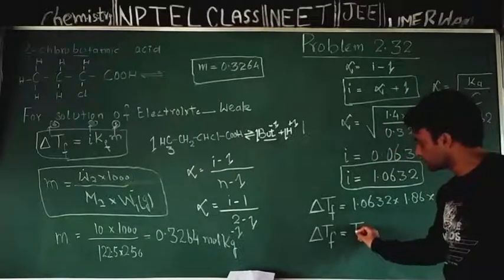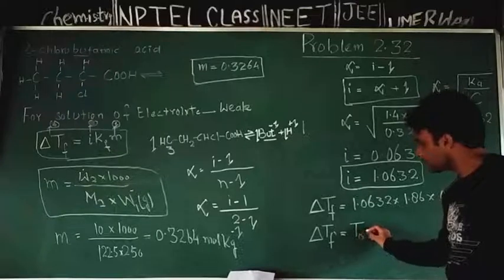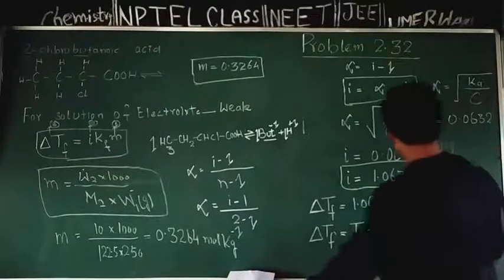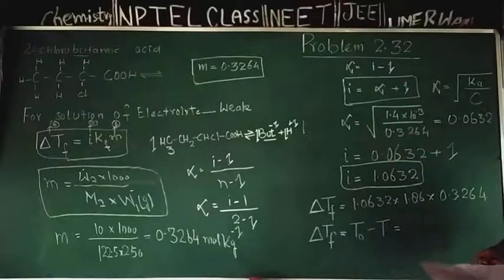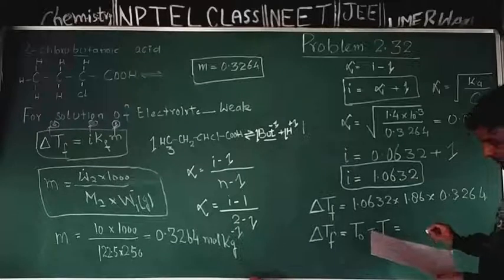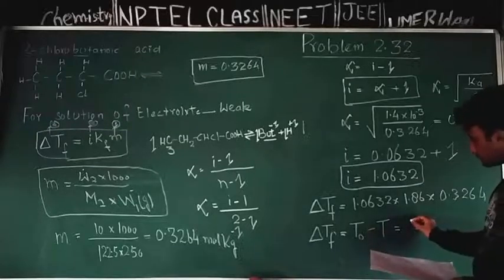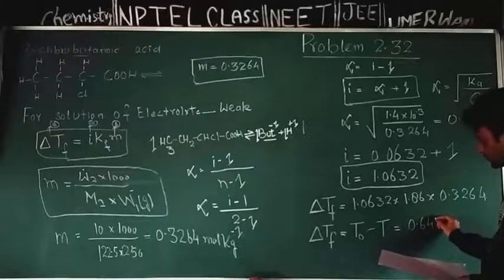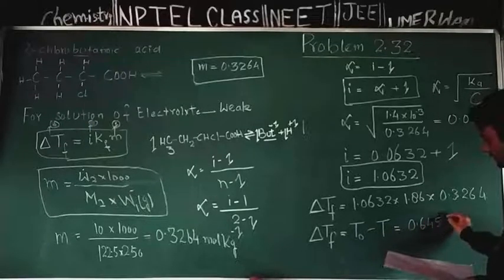It is equal to freezing point of pure water minus freezing point of solution, and it comes equal to 0.645 Kelvin.